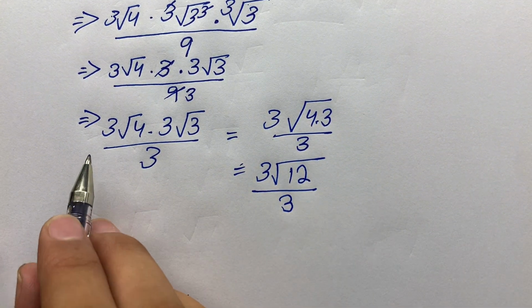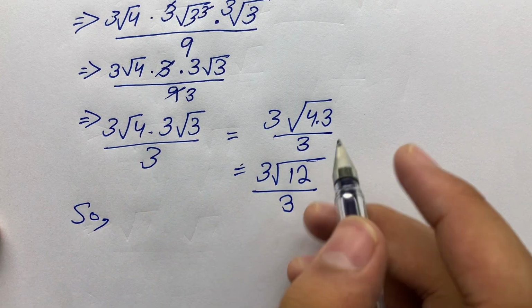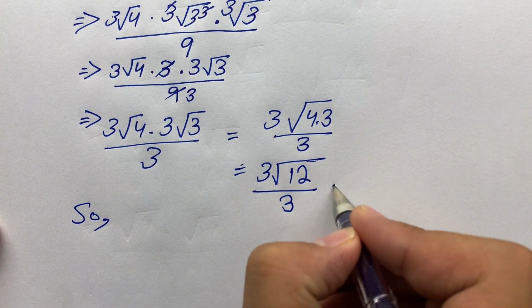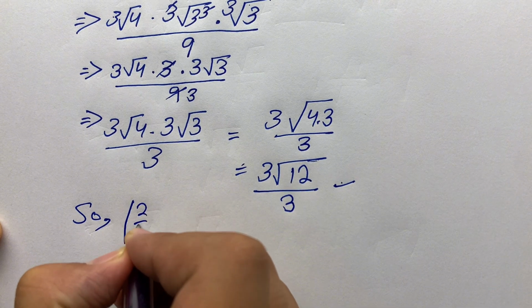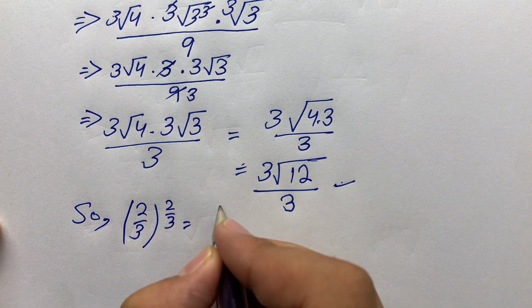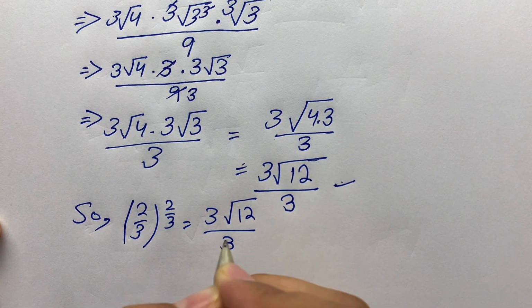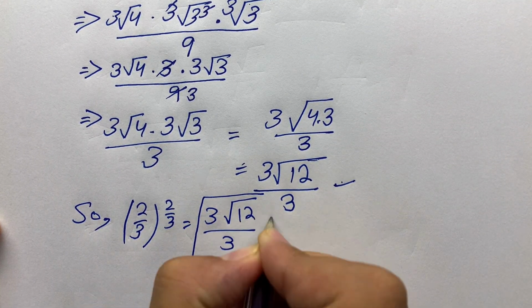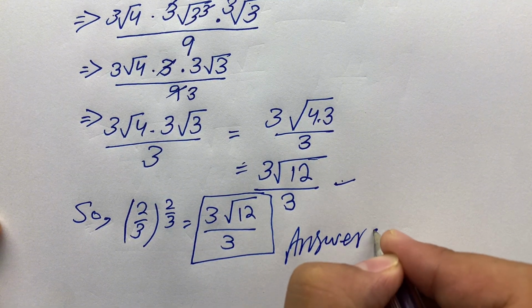So this is our final answer. That is, (2/3) to the power 2/3 is also equal to 3 into 12 divided by 3. So this is our final answer of this mathematical Olympiad problem.